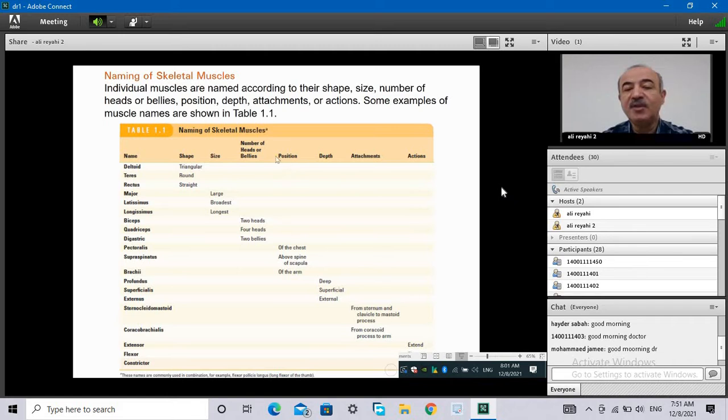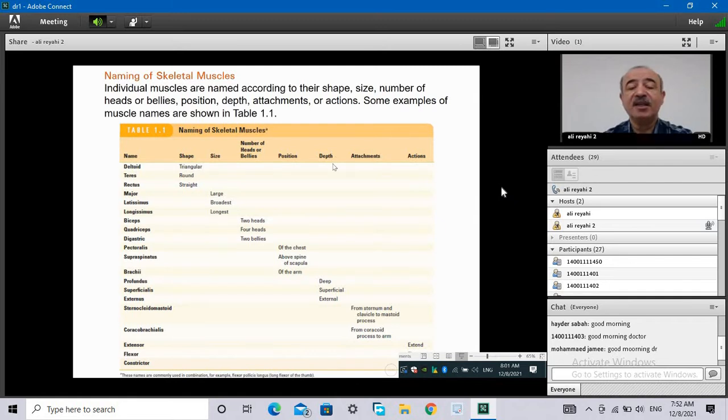according to the position of the muscles, we can name the muscle by position or location. For example, pectoralis, that means the muscle lies in the pectoral region. Or for example, the gluteus muscle, or supraspinatus. All of these describe the position of the muscle.